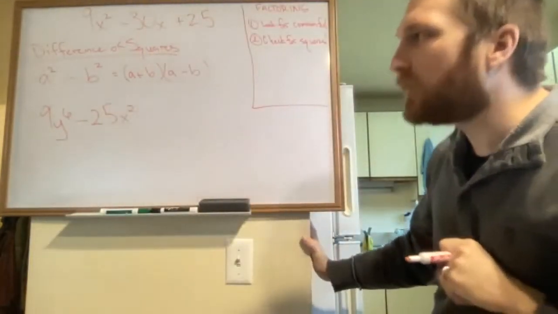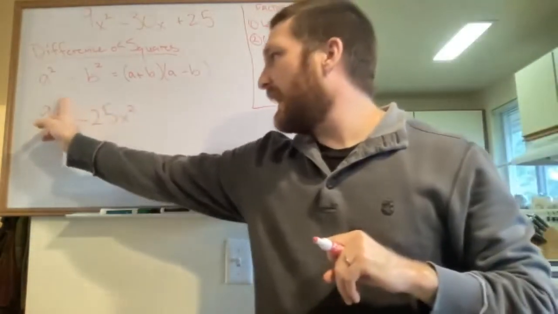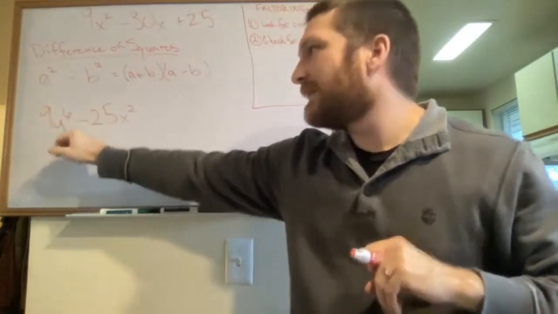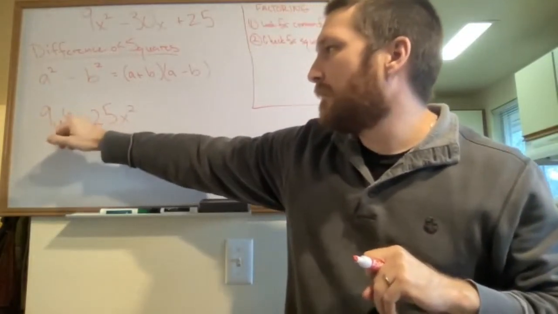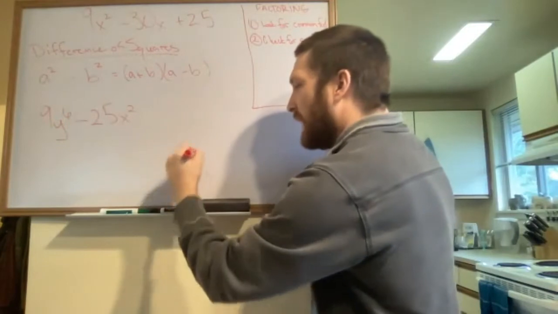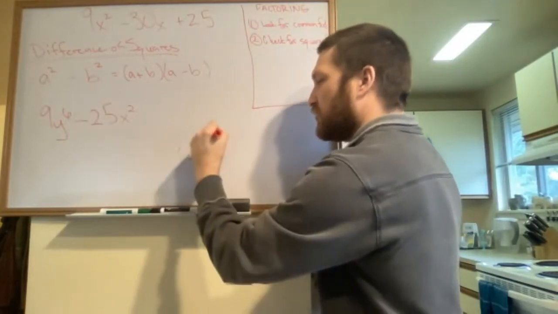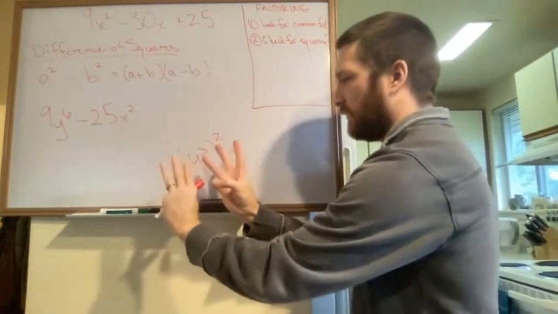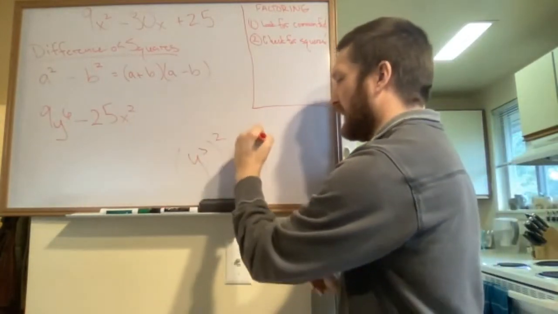And the thing to notice is, hold up, I can write this as something times itself. Yes, it's a 6, but y cubed squared is 3 y's, another 3 y's. That's just a total of 6 y's.